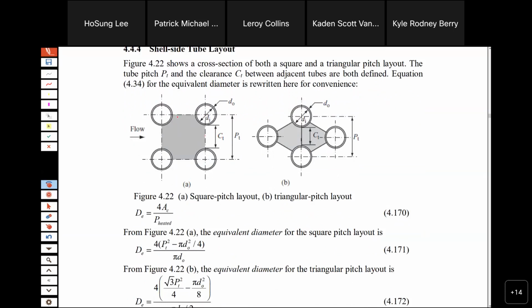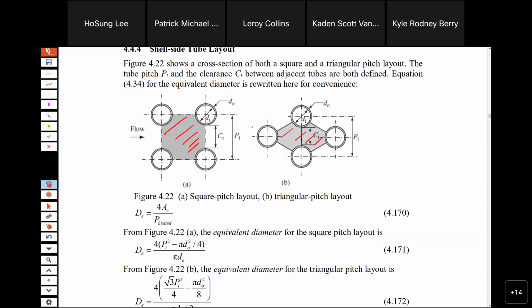Interesting is each unit has one quarter, one tube each unit. Again, triangular actually, but the two triangular, if you look at it, only one tube. So this is a unit. This is a unit area.